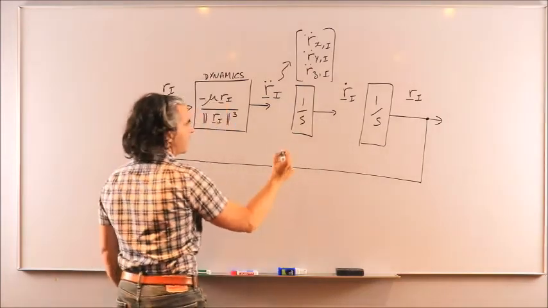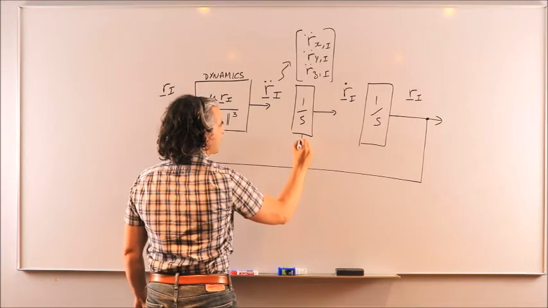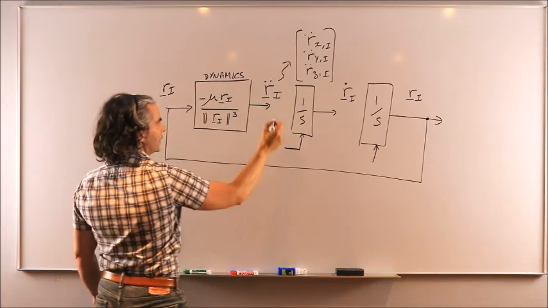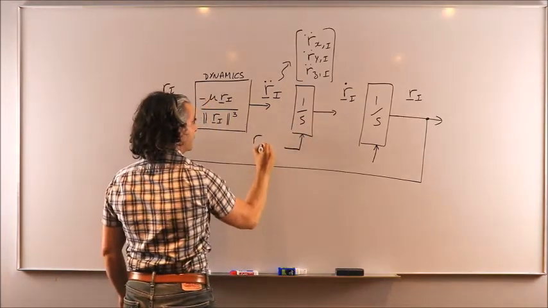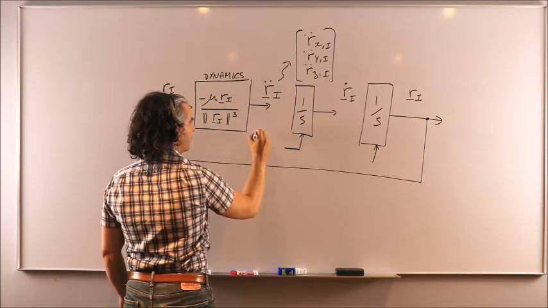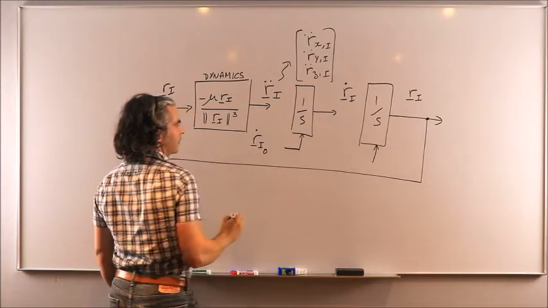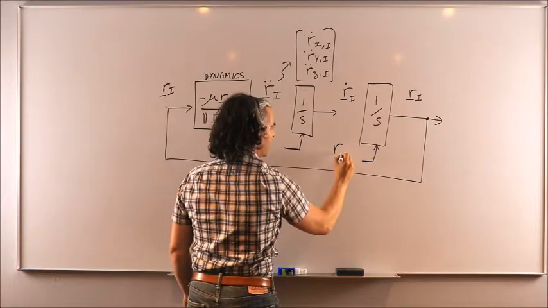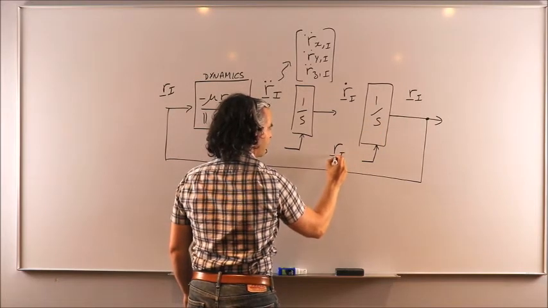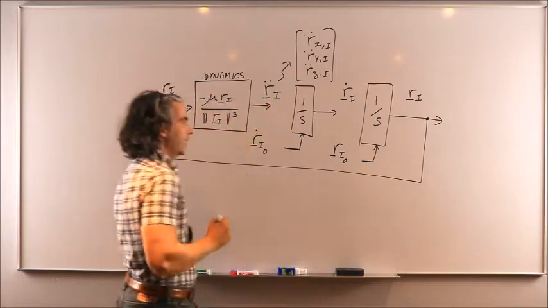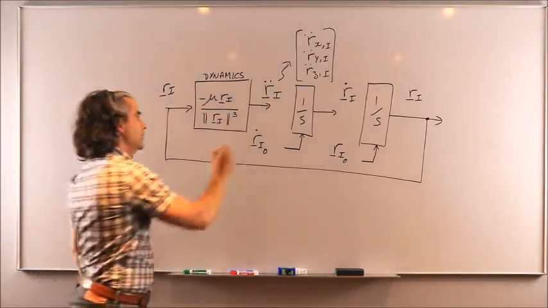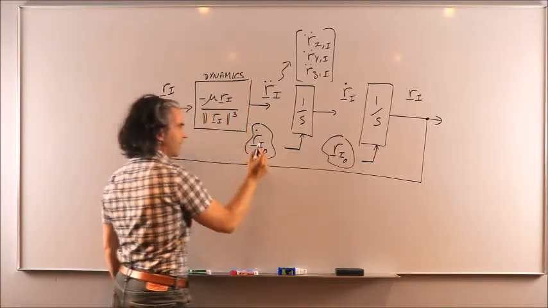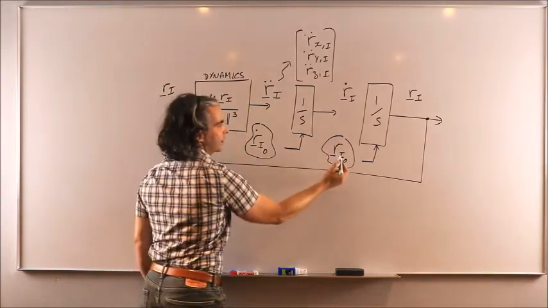But the key thing here again, and I've talked about it in the past, is how can we initialize those two blocks? Well, here we need the initial velocity, R dot, I components, at t equals 0. And here, we're going to need the initial position, x, y, z, defined in some inertial reference frame, at t equals 0 like that. While specifying those 6 scalars, because this is x, y, z velocity, x, y, z position.